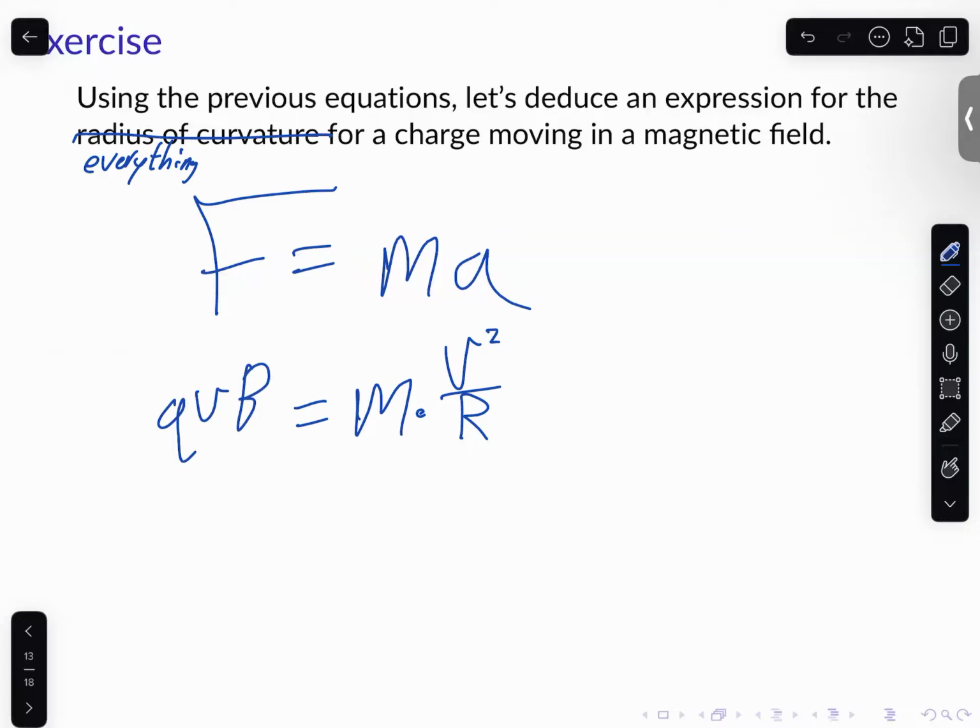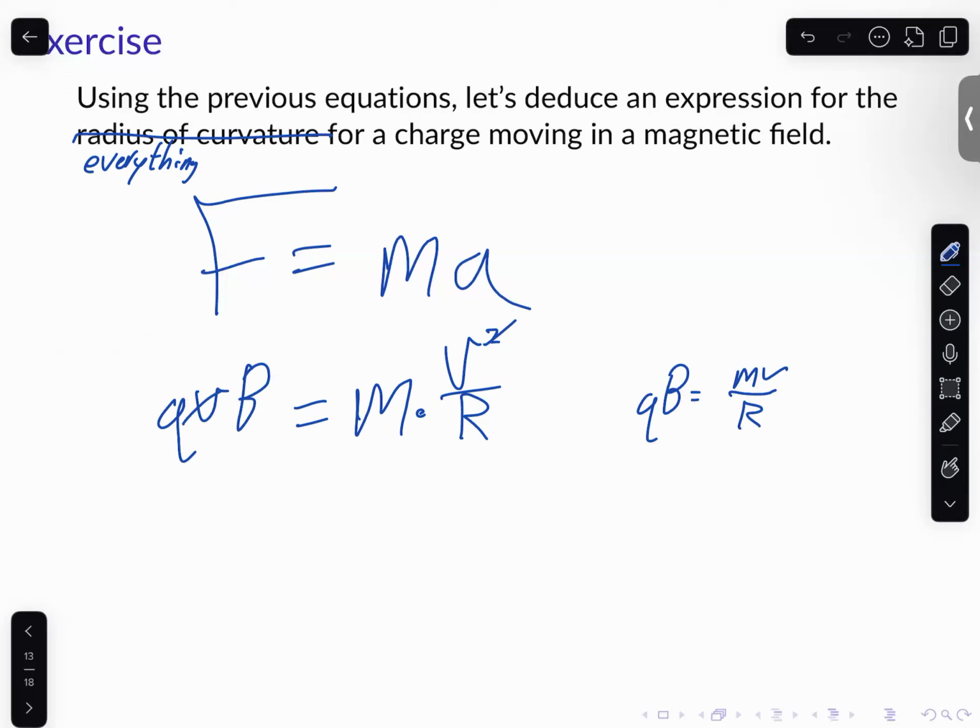Oh, well, let's see, I've got a v on each side. Can I simplify? I've got v and v squared. What do I do? So qB equals mv on r. Let's solve for stuff.